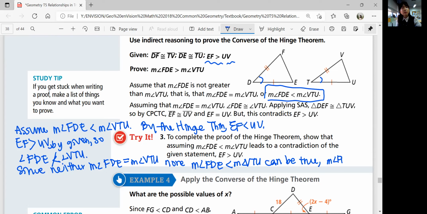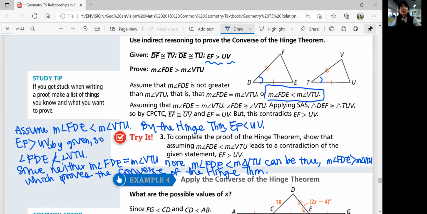Measure of angle FDE must be greater than measure of angle VTU. Which proves the converse of the Hinge theorem. There you go.